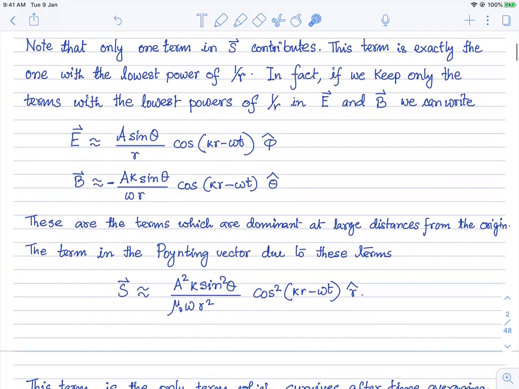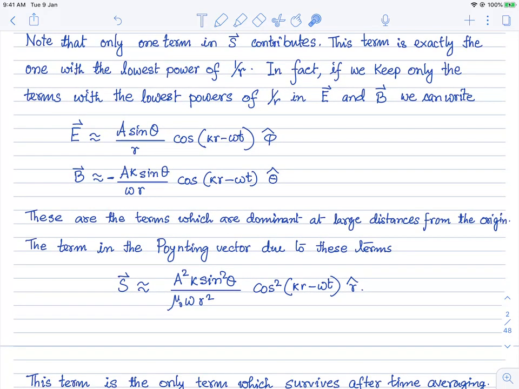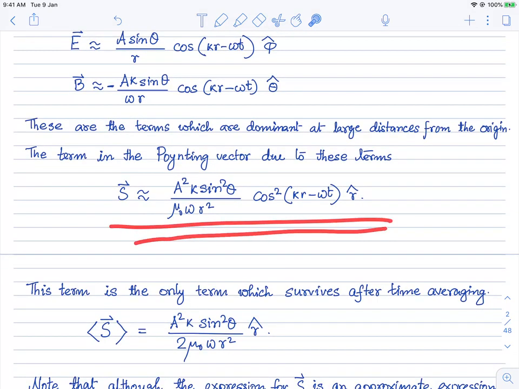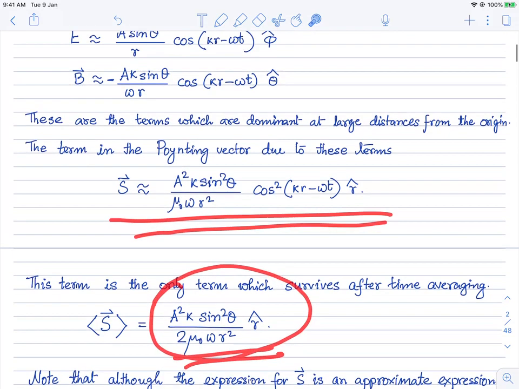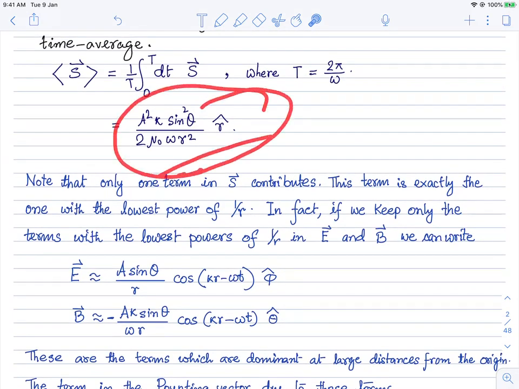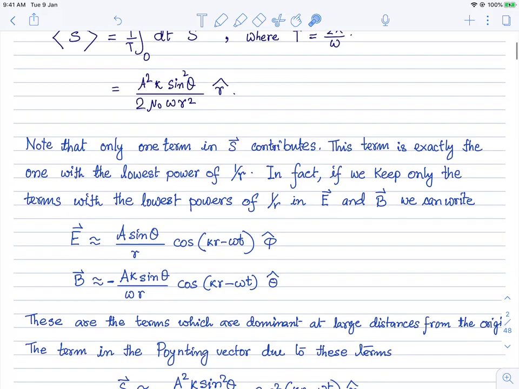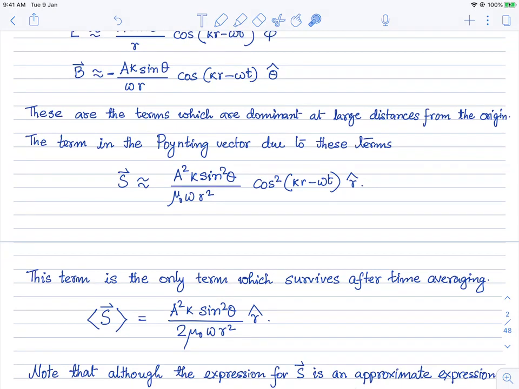So if we took just these 1 over r terms of the electric and magnetic field, computed the Poynting vector, and took its time average, it is identical to the time average which we obtained by considering the full solution, with all the terms. So the 1 over r terms in the electric and magnetic field contribute a term in the Poynting vector that survives time averaging. This is again something very interesting to observe.